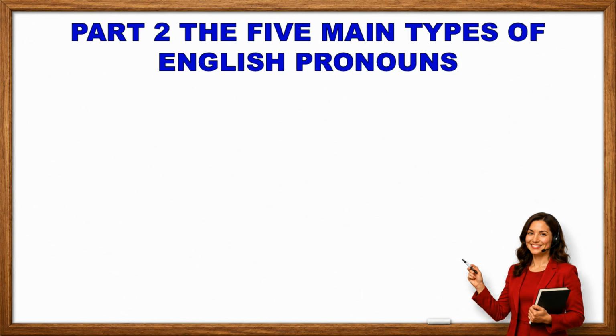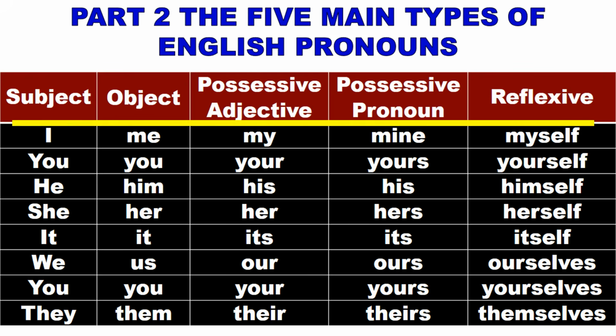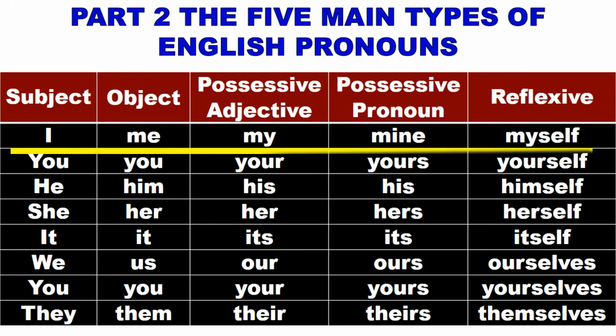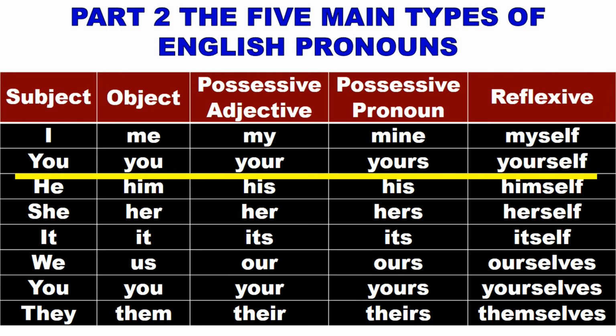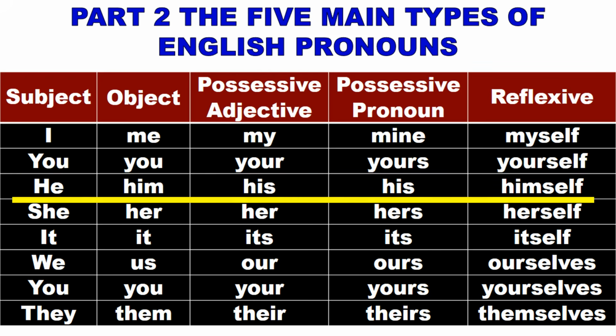Part 2. The 5 main types of English pronouns. Here's the complete chart. Subject, object, possessive adjective, possessive pronoun, reflexive. I, me, my, mine, myself. You, you, your, yours, yourself. He, him, his, his, himself.